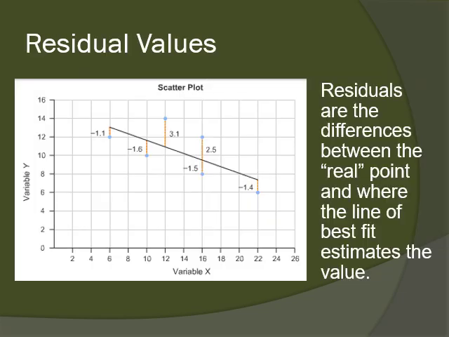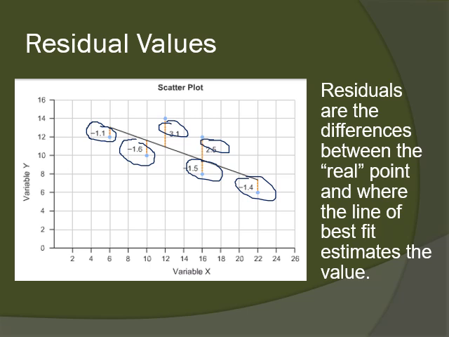Moving on to residual values, this is the practice test, I believe it's 309. Residuals are the differences between the real point and where the line of best fit estimates the value. These values right here are the residuals. So negative 1.1. If the points are below the line, you'll see that they're negatives, and if they are above, you'll see that they're positive.